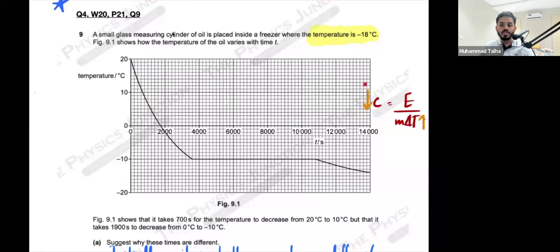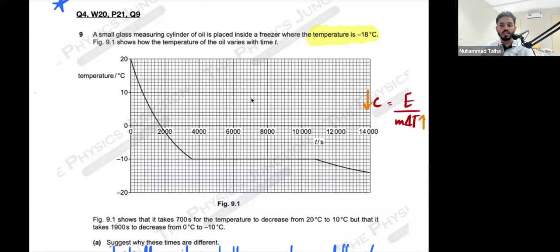If I think about the specific heat capacity equation, if the temperature in this part is rising or falling faster, this means the specific heat capacity is less because it's losing energy more frequently, right? So its specific heat capacity in this case goes down.